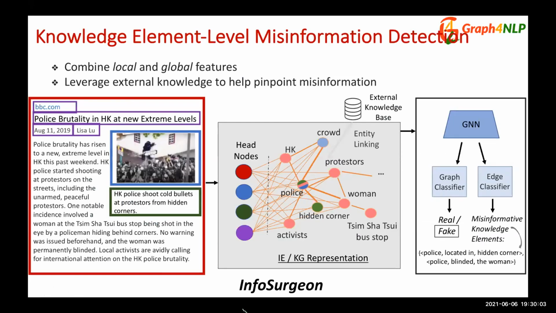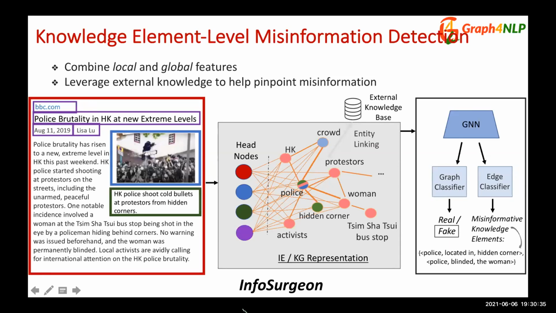So the whole idea is that we are going to use the multimedia knowledge graph construction that I already described, and then look into every triplet in this constructed multimedia knowledge graph to see whether it's real or fake. For example, here from the image side, you can see the police was not shooting at the crowd, but the caption says the police was shooting, and the body text says there was a woman who was permanently blinded, and this event was not shown in any other part of the document, right?